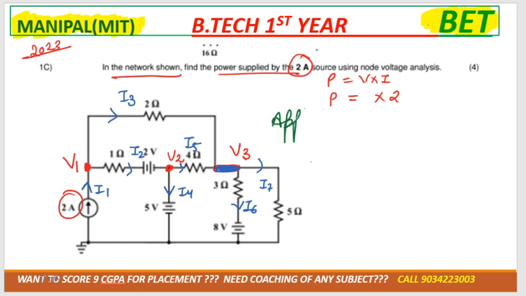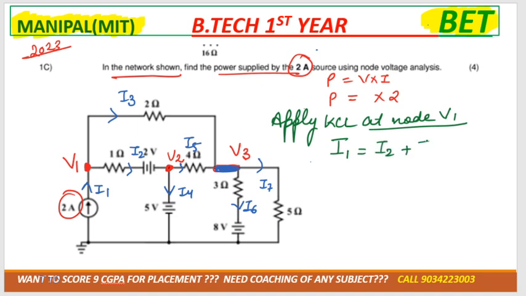Now after that what you need to do, apply KCL at node V1, right? V1 पे. Now incoming current is equal to the sum of outgoing current. Sum of incoming current is equal to the sum of outgoing current. तो ये कितना हो जाएगा, I1 is equal to I2 plus I3.